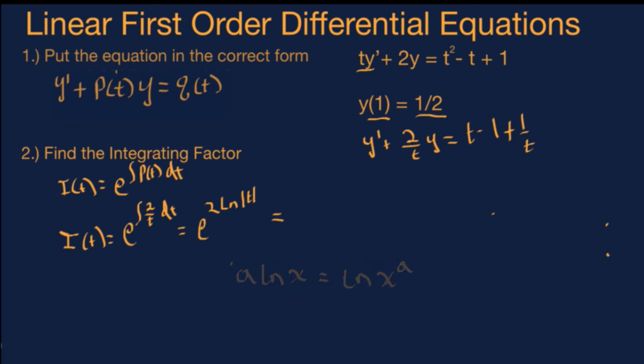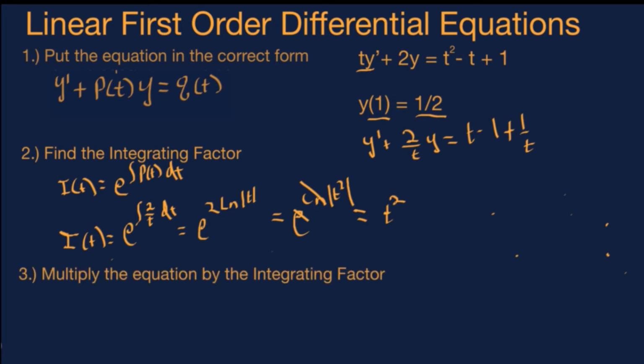So this is the natural log of the absolute value of t squared, and the natural log and e cancel out, so it's just the absolute value of t squared, or actually just t squared, because since it's a square, it doesn't matter that it's the absolute value, as it would always be positive.